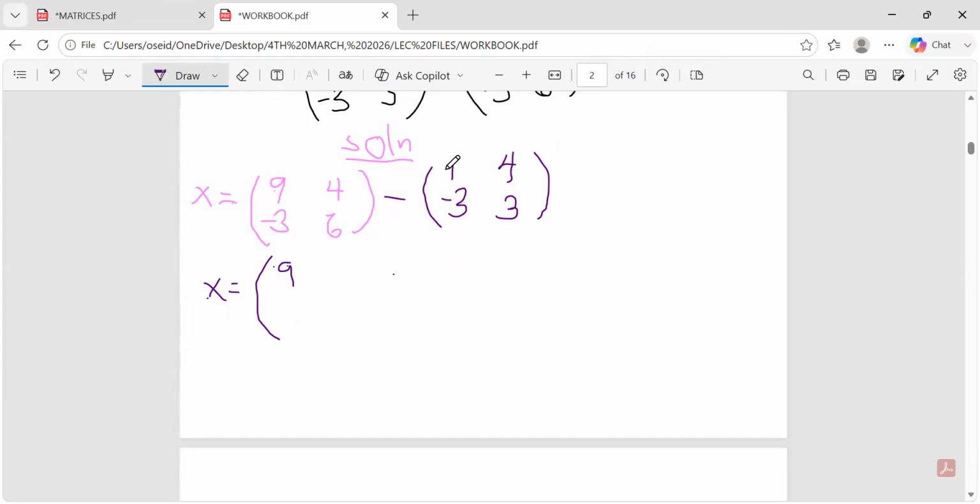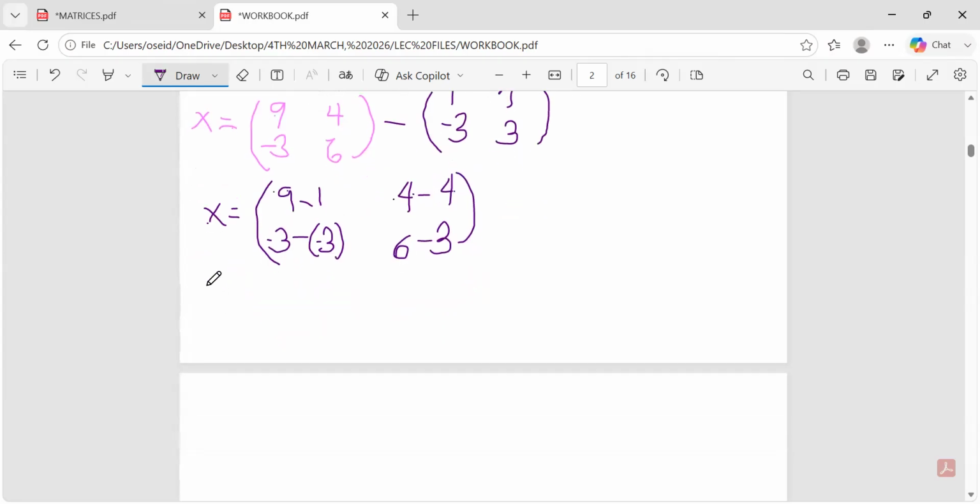I'm going to get 9 minus 1, then negative 3 minus 3, negative 3 minus 3, then we have 4 corresponding with the 4, another 4 here, minus 4, then 6 minus 3.